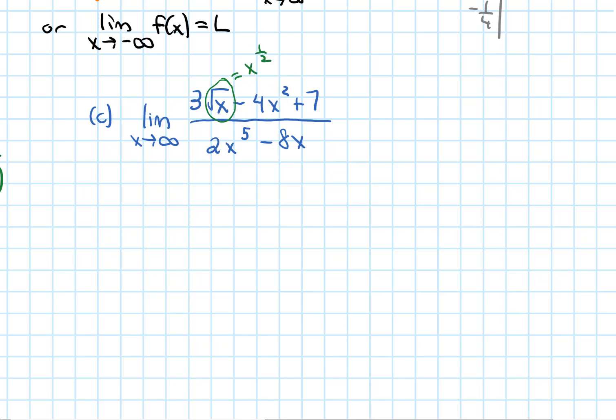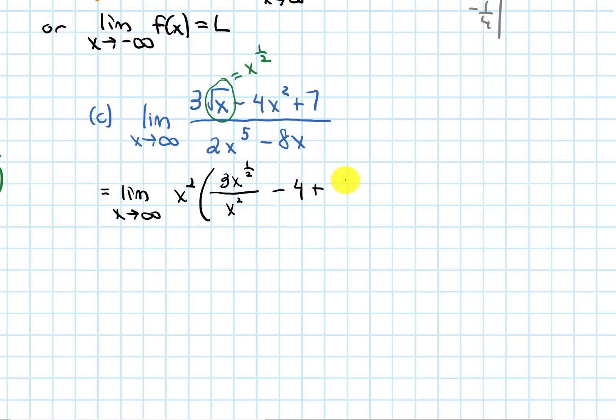We can hone in on the biggest power of x on the top and the bottom and factor those out. So we'll get the limit as x approaches infinity. Biggest power of x on the top is x squared. So when I factor that out from the first term, right now it's 3x to the 1/2, and I will have to divide that by x squared because I'm factoring that out. From the next term, I'll be left with minus 4.